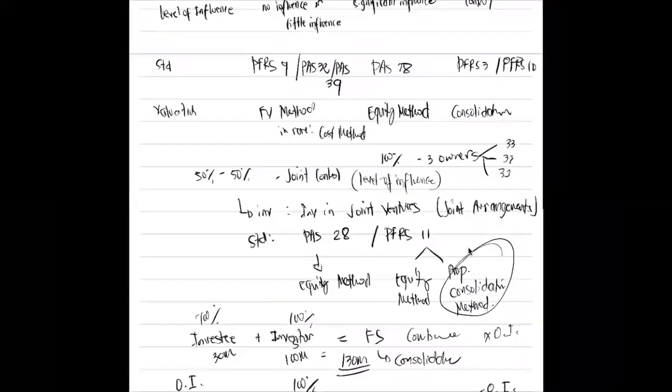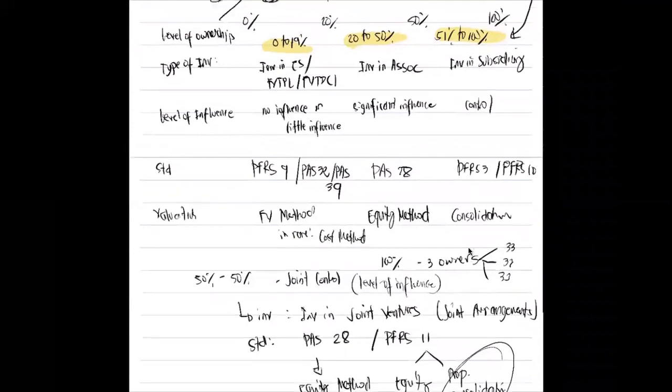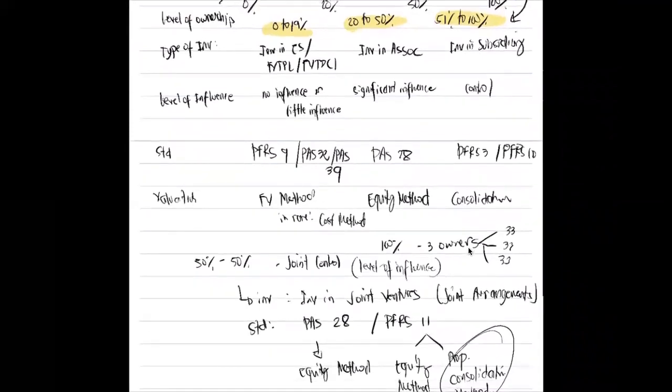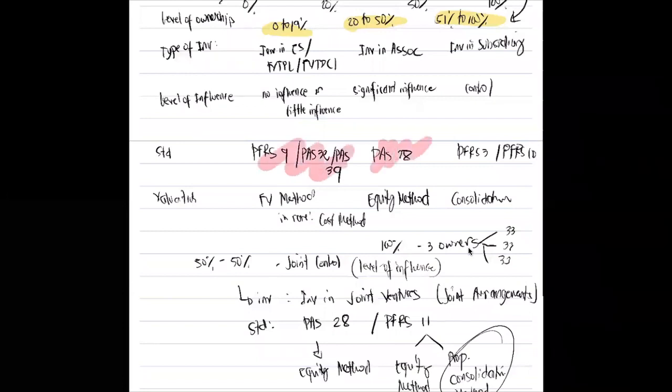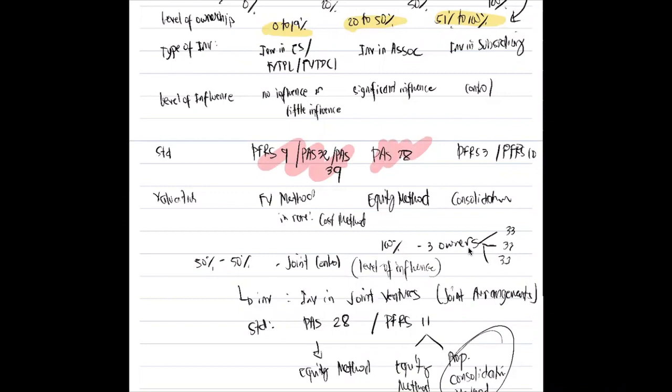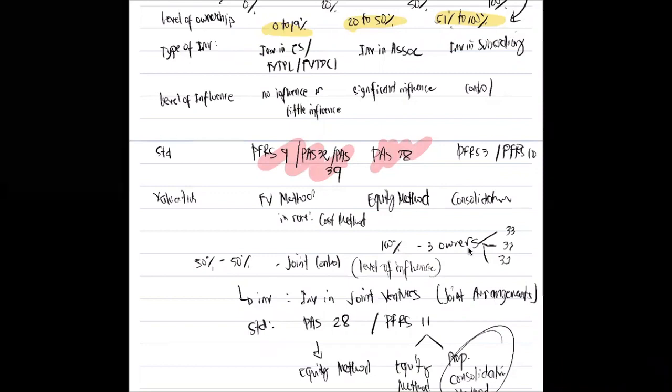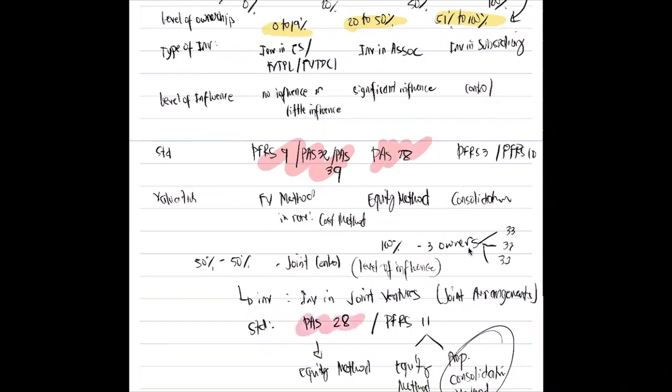Problems relating to fair value method under PFRS 9, and then a problem relating to equity method under PAS 28, or a problem regarding equity method for investment in joint ventures under PAS 28, or a problem regarding joint control under PFRS 11, or a problem regarding consolidation under PFRS 3 or PFRS 10.